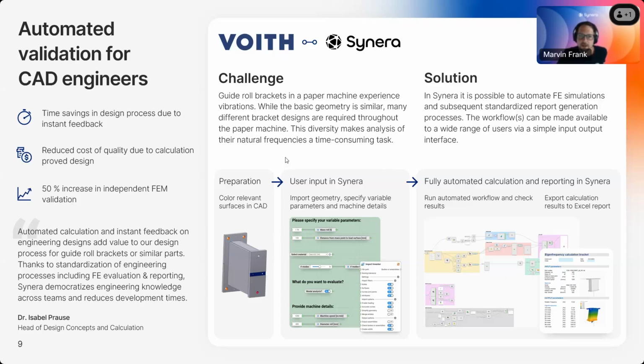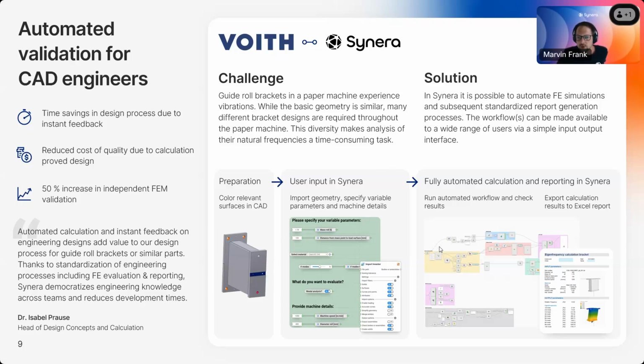So what they did is set up this workflow in Synera connecting CAD and FEA. In Synera, as you can see on the right, you also have the ability to document. You can paste GIFs and images, and you can describe everything with text.